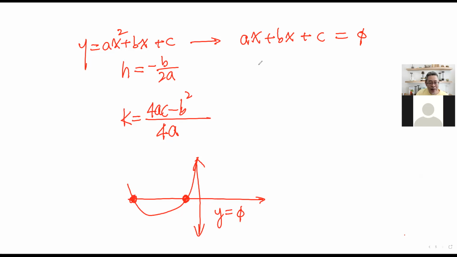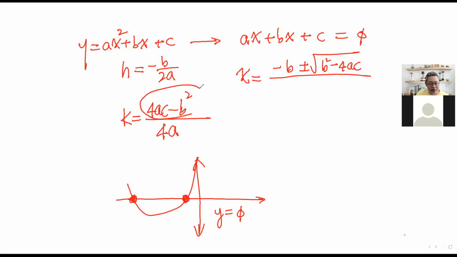We know that for these 2 points we can use the quadratic formula, minus b plus or minus the square root of b squared minus 4ac. Now you can see something similar: minus b over 2a plus or minus this part.